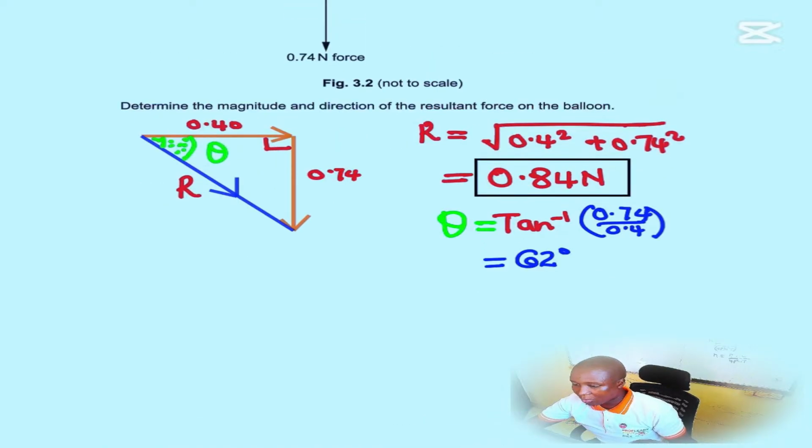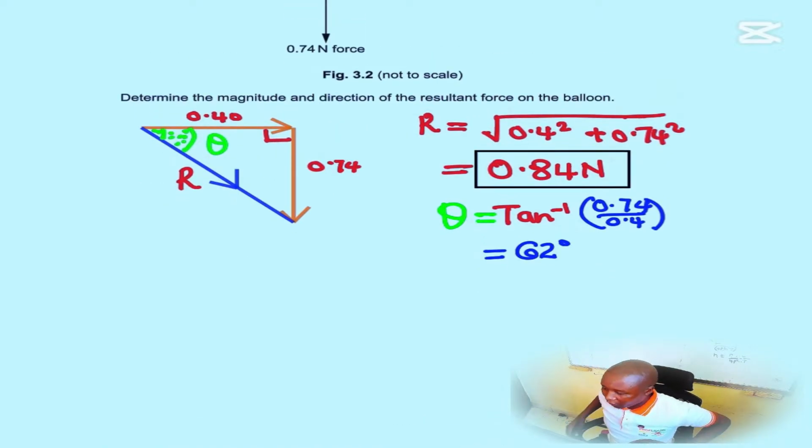But since we are told to find the direction, and force is a vector quantity, remember that vector quantities have both size and direction, while scalar quantities only have a magnitude or size but no direction. Force has both size and direction, so we need to find the direction relative to the horizontal.